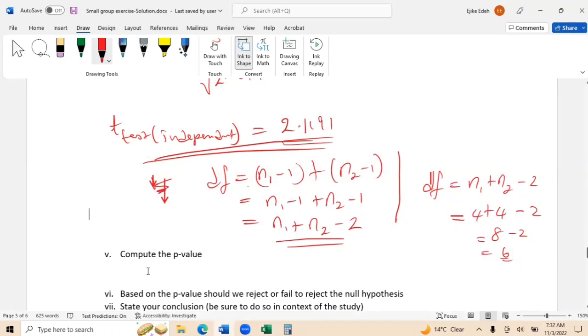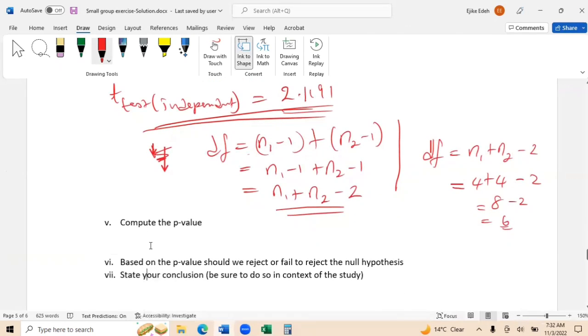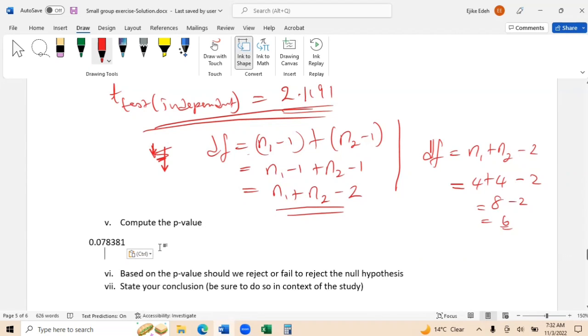So the p-value here is actually this, right? Let's write it down. So our p-value turned out to be 0.0784 to 4 decimal places, right?